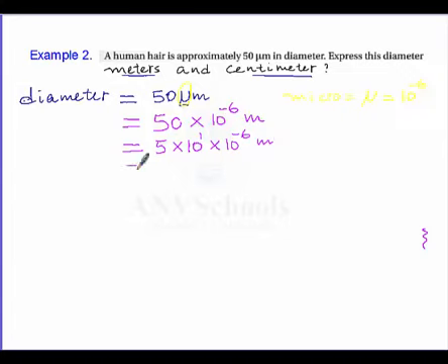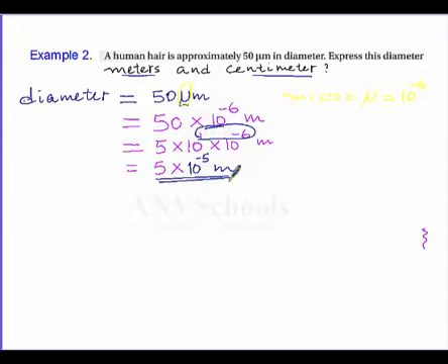This is the same as 5 multiplied by 10, and since they have the same base, we add the exponents. If two numbers have the same base, we add the exponents. That is 10 to the power of 1 minus 6, which is negative 5 meter. This is the first answer.